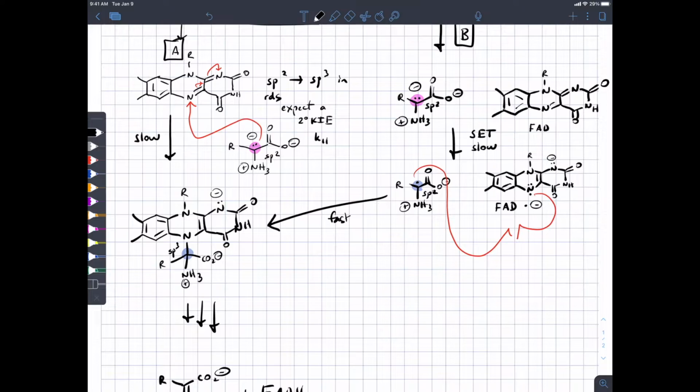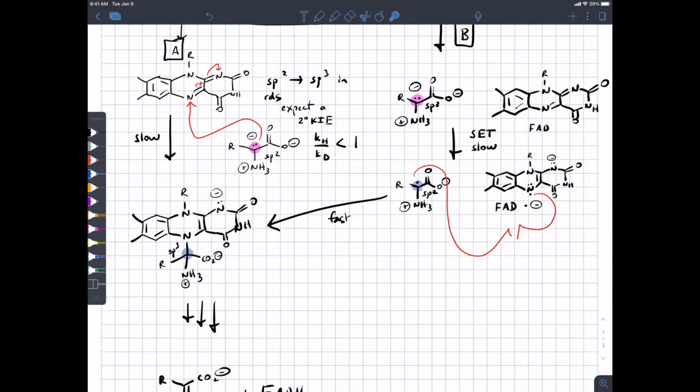Going from sp2, a less stiff force constant, to sp3, a more stiff force constant, you'd actually expect an inverse kinetic isotope effect. You'd expect the rate constant for proton versus deuterium at this carbon to be less than 1.